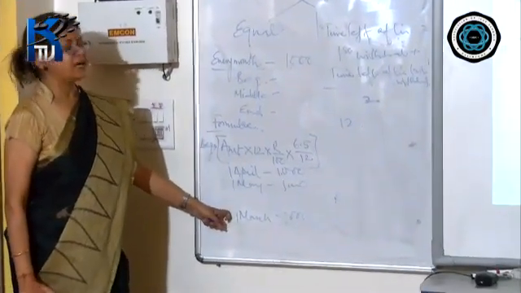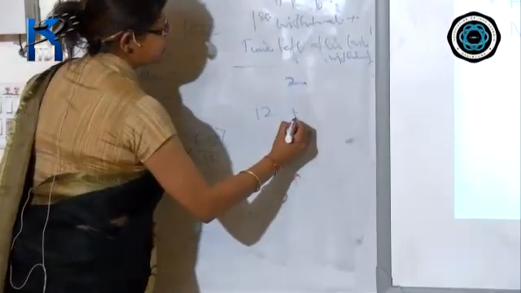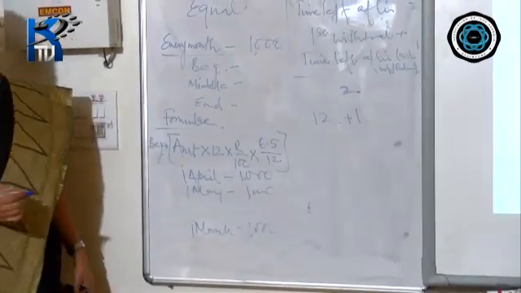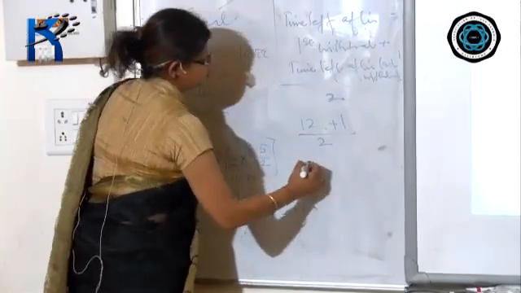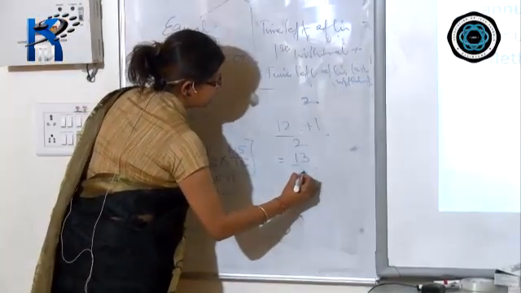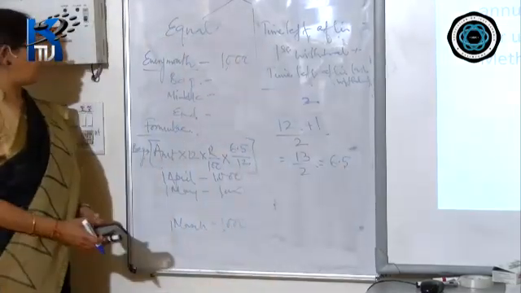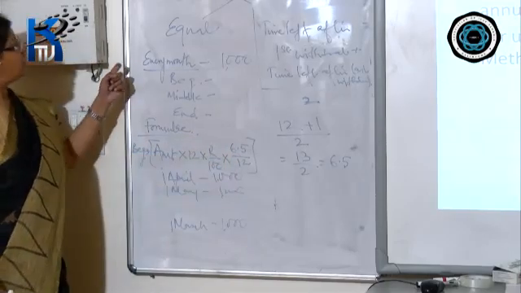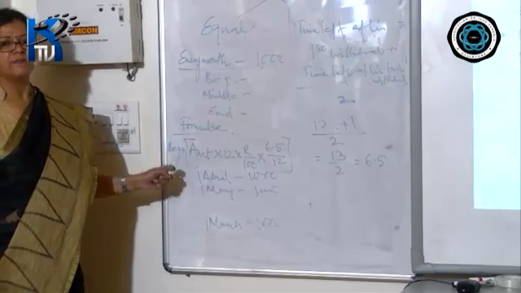So on 1st March, the time left after the last withdrawal is 1 month, from 1st March to 31st March. So 12 plus 1, divided by 2. So 13 by 2 gives you 6.5. So this is how we get 6.5 by 12. So this was the formula for the beginning of every month.